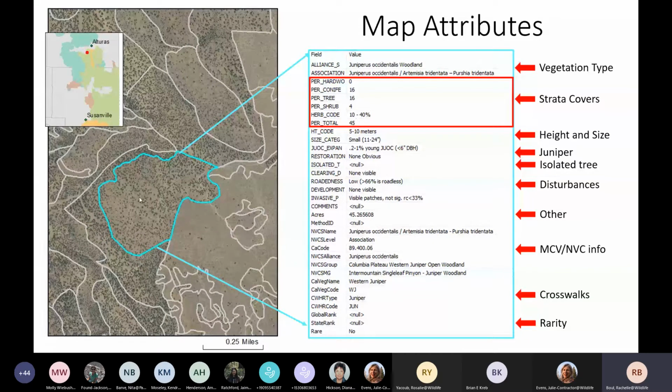So this polygon has 0 hardwood cover, 16% conifer, probably all juniper, and therefore 16% tree cover, 4% shrub, and then somewhere between 10 and 40% herb, which all adds up to 45% total cover.